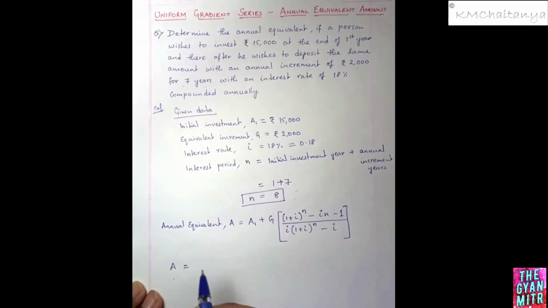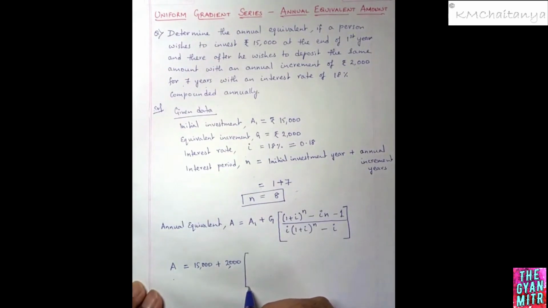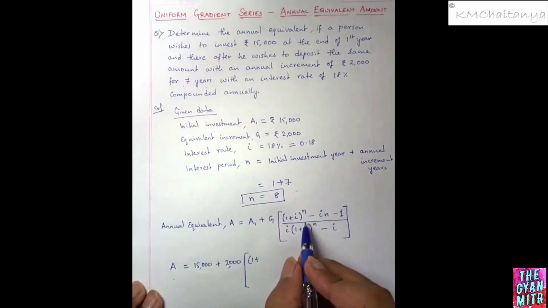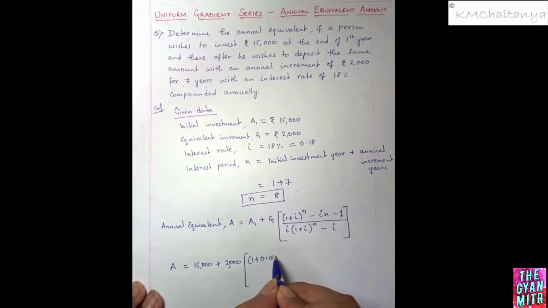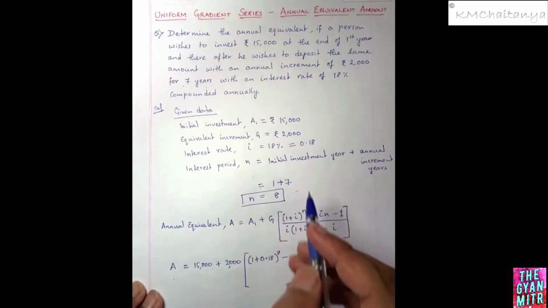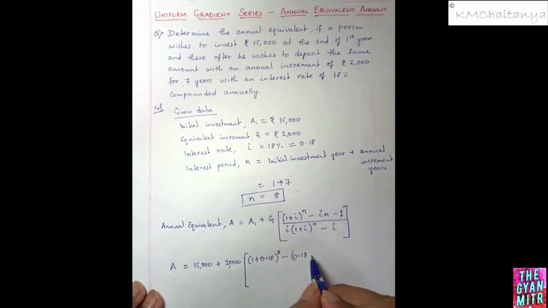A is equal to A1 which is 15,000 plus G which is 2000 multiplied by (1 plus i), i is 18%, 0.18, to the power of n, which is 8, minus i into n, so 0.18 multiplied by 8, minus 1, whole thing divided by i, 0.18, multiplied by (1 plus 0.18) to the power of n, which is 8, minus i, 0.18.